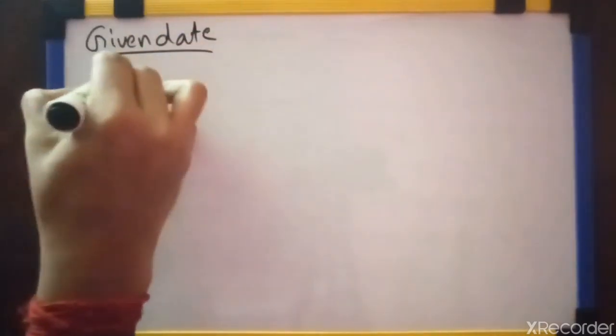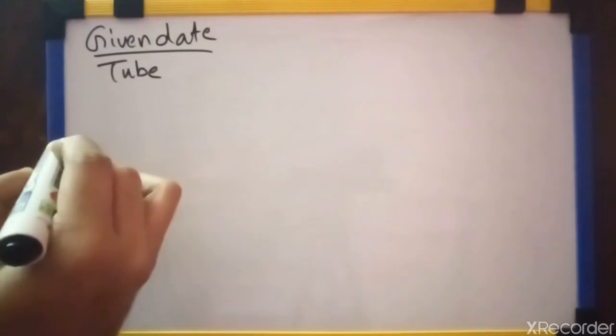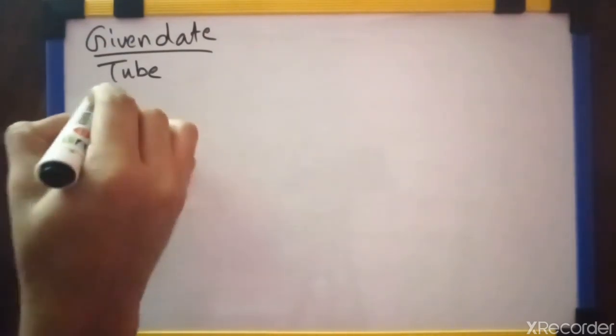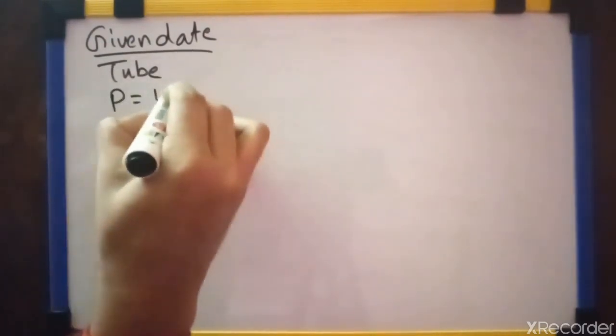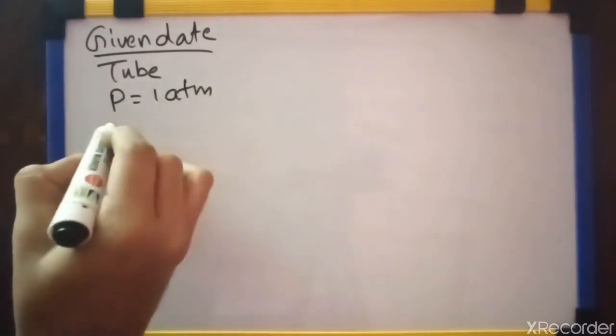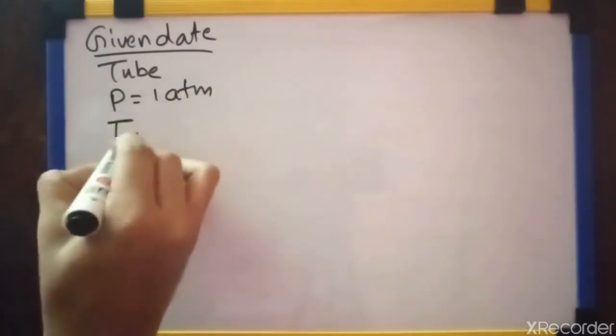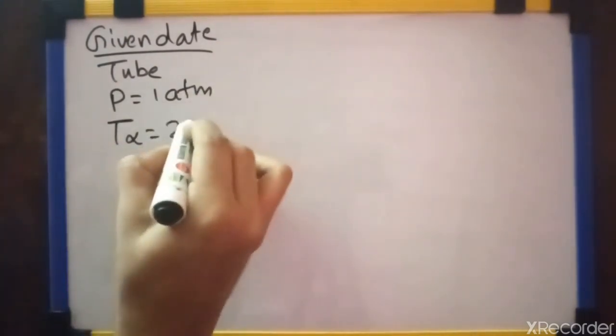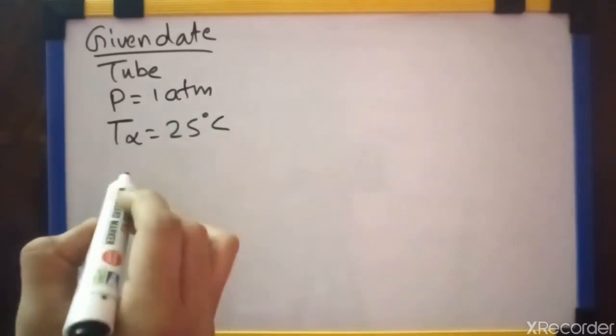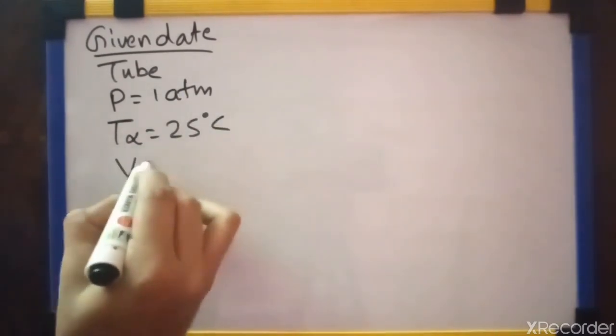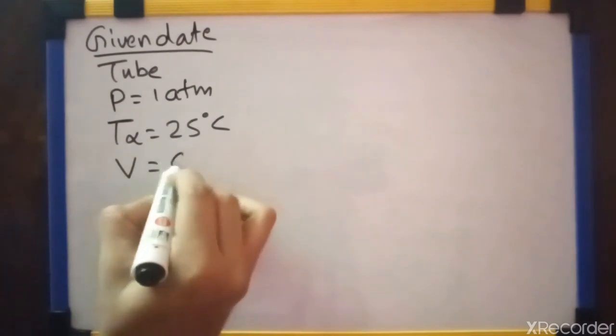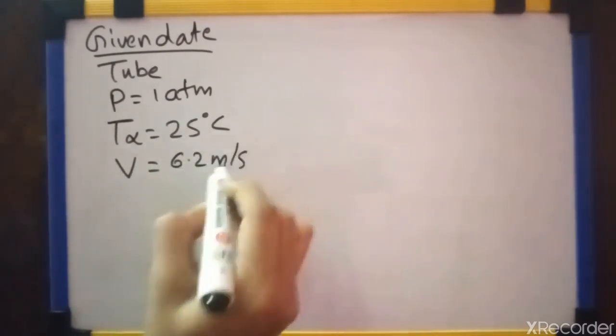First of all, write the given data. The geometry is a tube, and the pressure of air is P is equal to 1 atmosphere, air temperature T infinity is equal to 25 degrees centigrade, and the velocity of air V is equal to 6.2 meter per second.